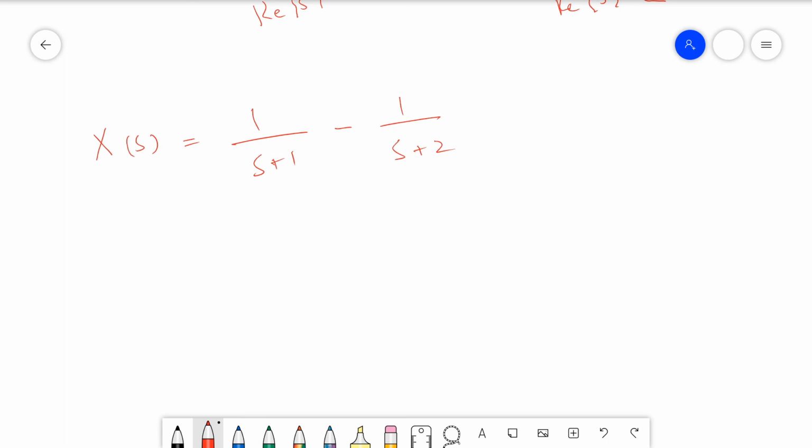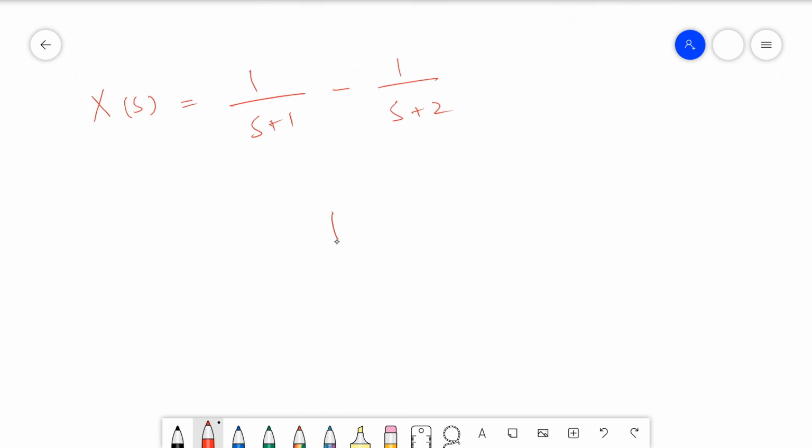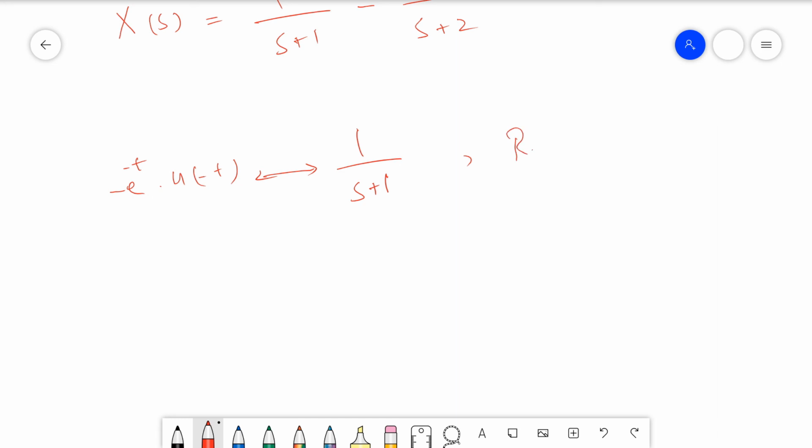And from example 9.2 we know that for a signal which is left sided, its inverse Laplace can be written as minus e raised to the power minus at, a is 1 here, so minus e raised to the power minus t into u of minus t. And the region of convergence for this term is real of s less than minus 1.